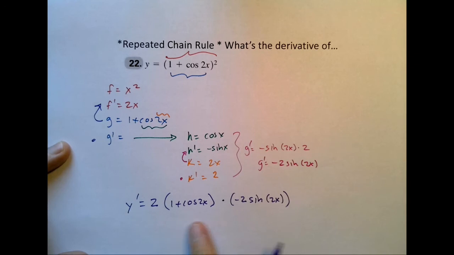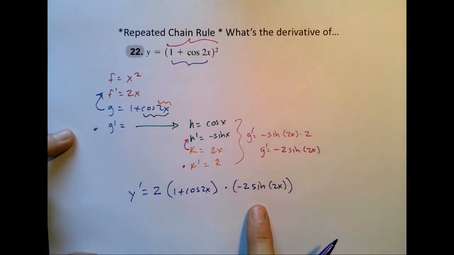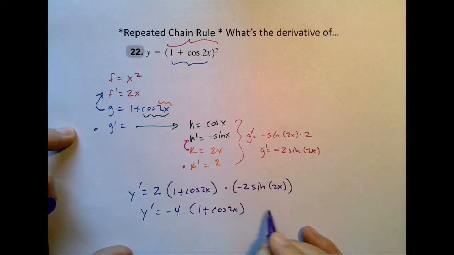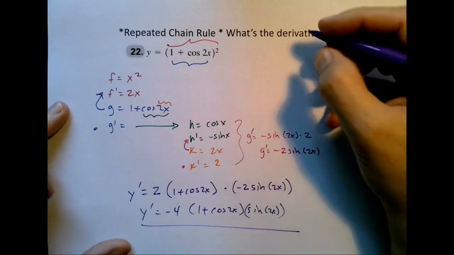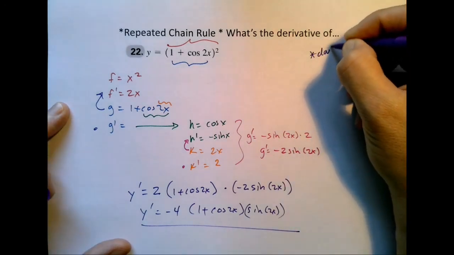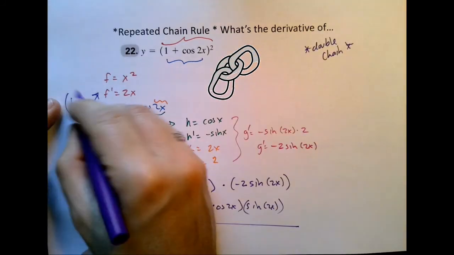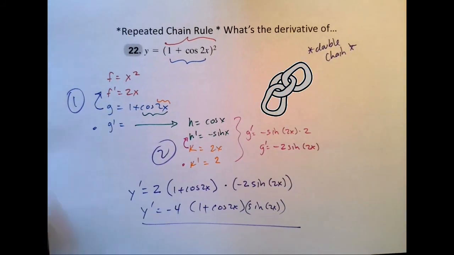This one doesn't have a very difficult rewrite, so I'm going to go ahead and do that. I have a 2 and a -2 as coefficients. I'm going to rewrite them in front. So this is what I would call a double chain. Why? Because you have to do chain rule 2 times.